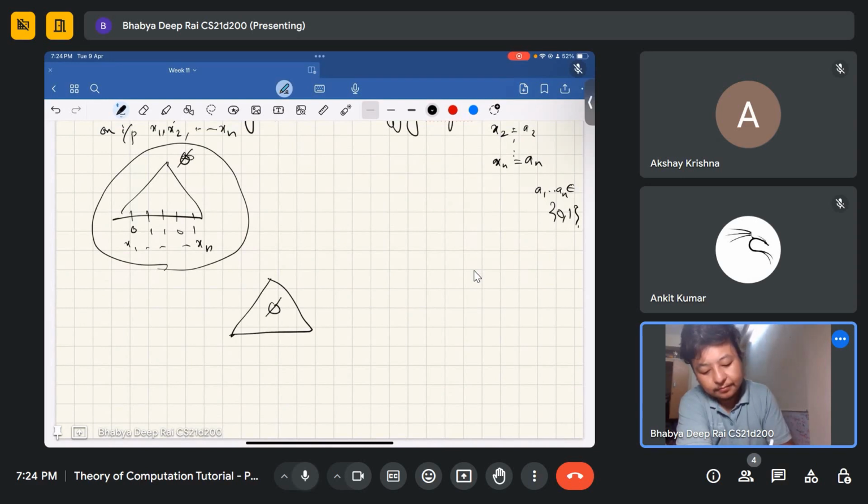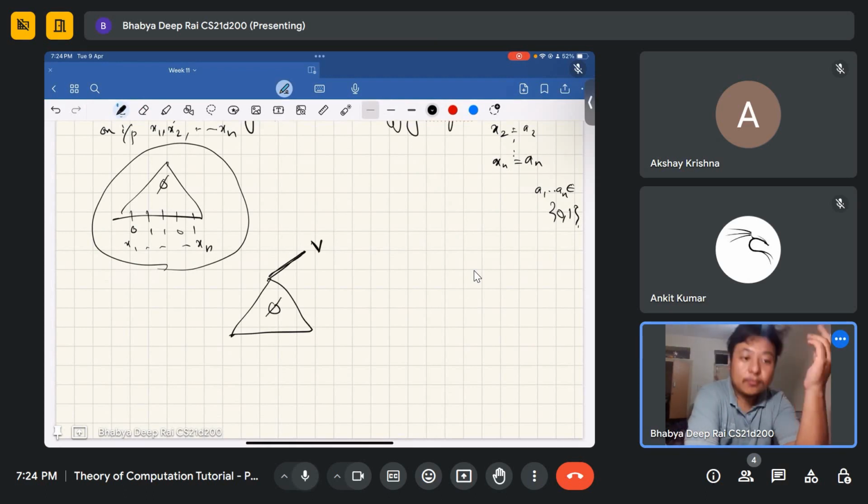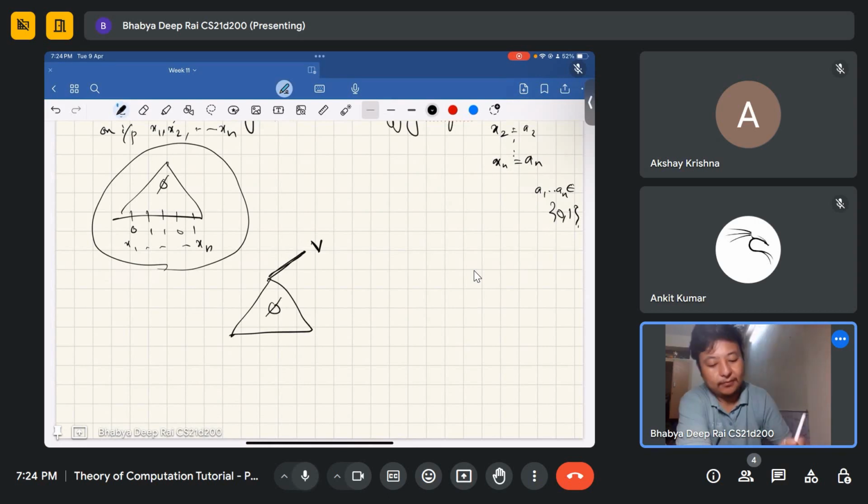I'll put an OR gate here and an AND gate here and do some business.